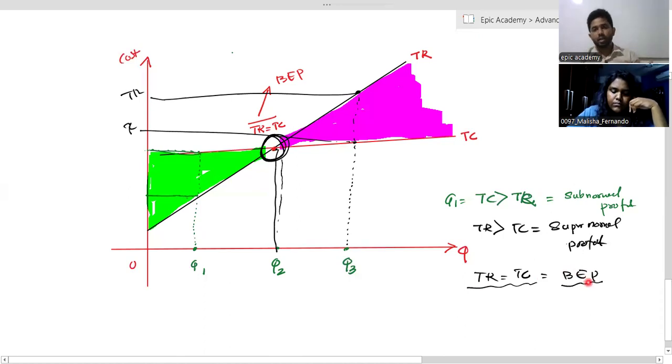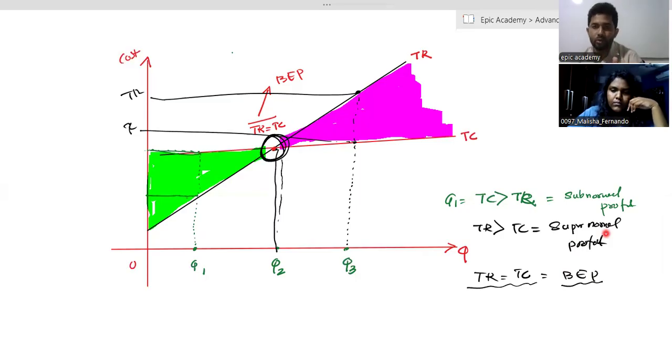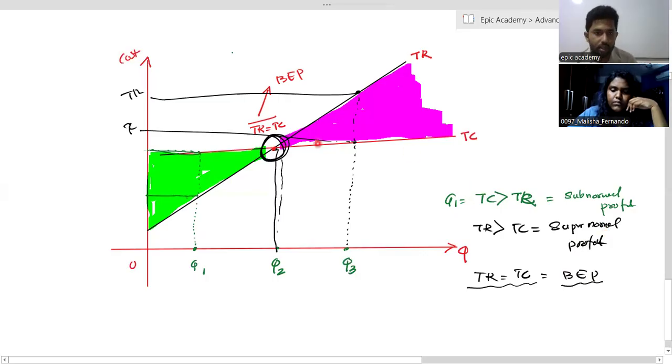This is the point after which you may have to face profit or losses, isn't it? If you are going to produce more commodities from this point, you will get the supernormal profit.